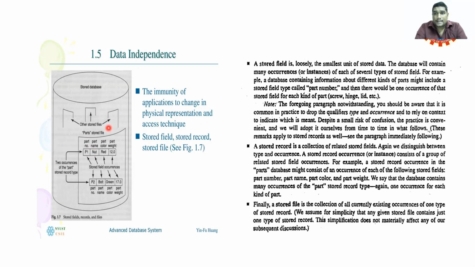This is called the primary key attribute. In this terminology, a stored record consists of four attributes, and a stored field has only the primary key attribute. These four attributes are called the stored record.